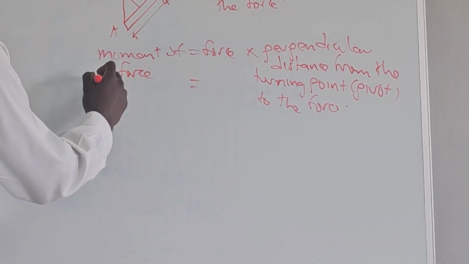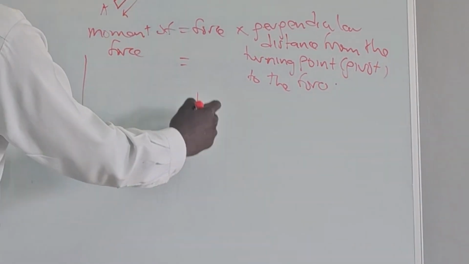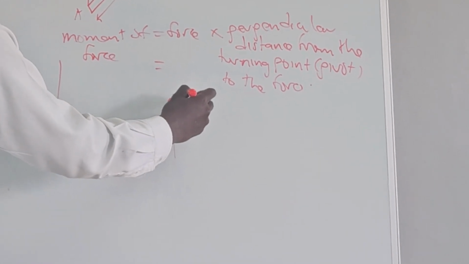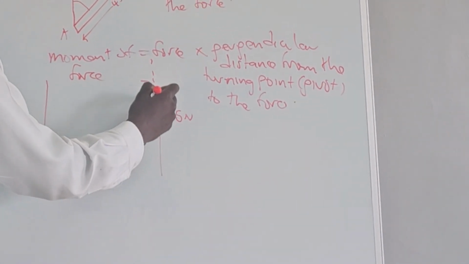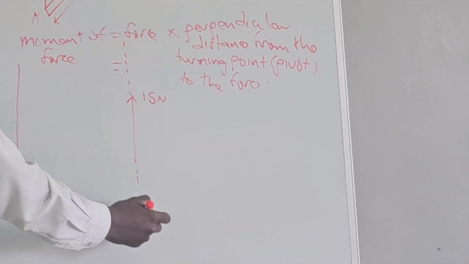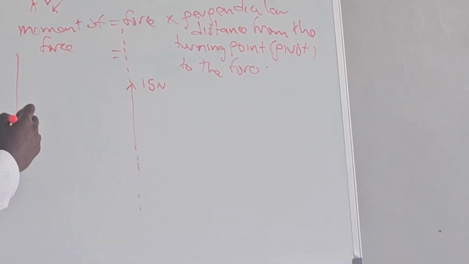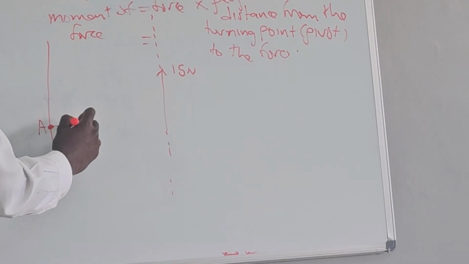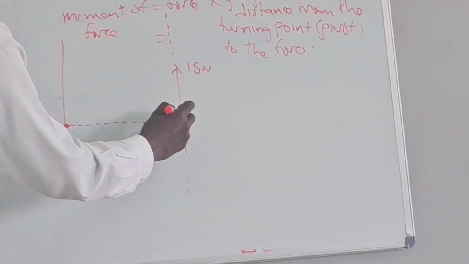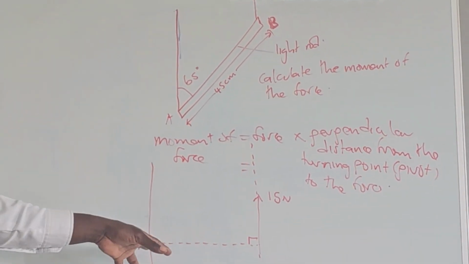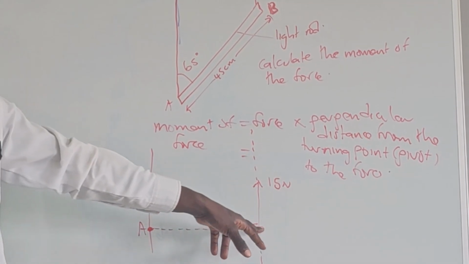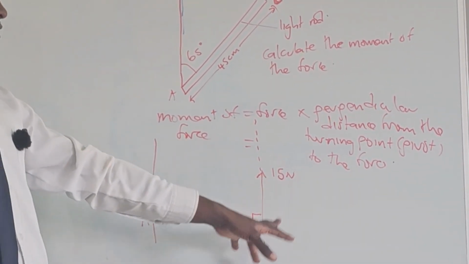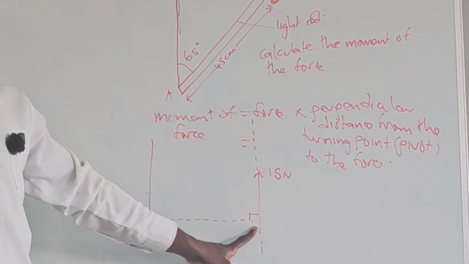So in this case, if the force is acting upwards and it is 15 newtons, this is the line of action of this force. So this is our turning point A, and therefore this would be the perpendicular distance. The perpendicular distance means the distance we are considering is meeting the line of action of the force at 90 degrees.